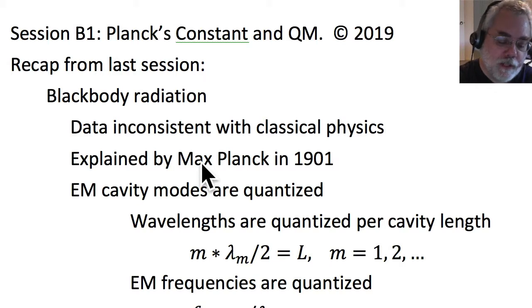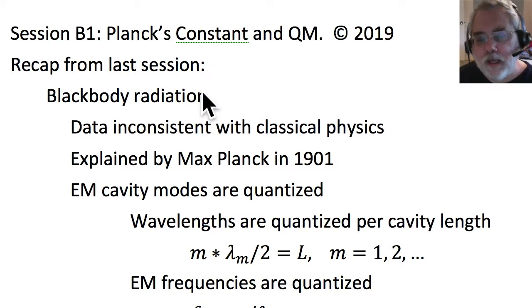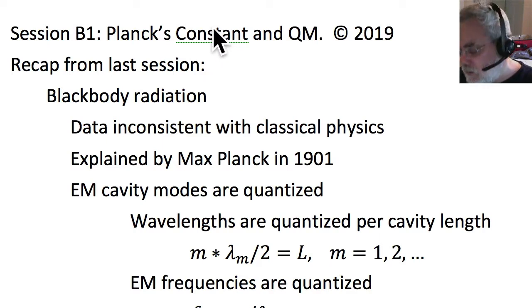What I want to do today is try something that I've not seen in books or classes. I previously said that Planck's constant appears in the equations of quantum mechanics and in all quantum mechanical results. I want to explore that a little today.